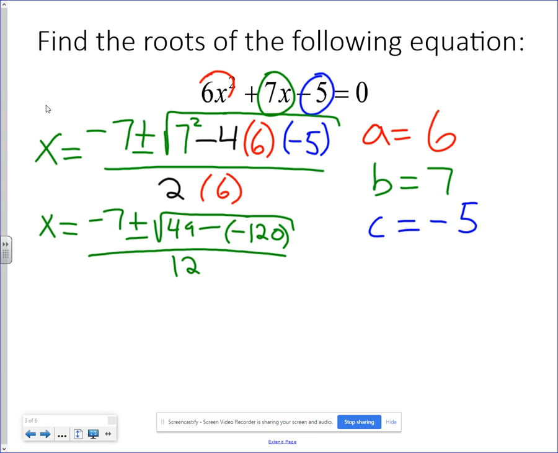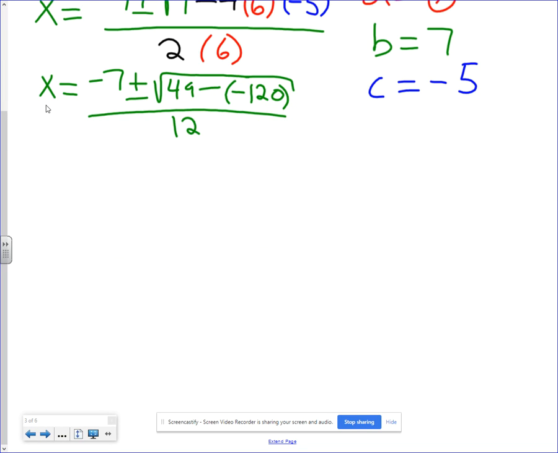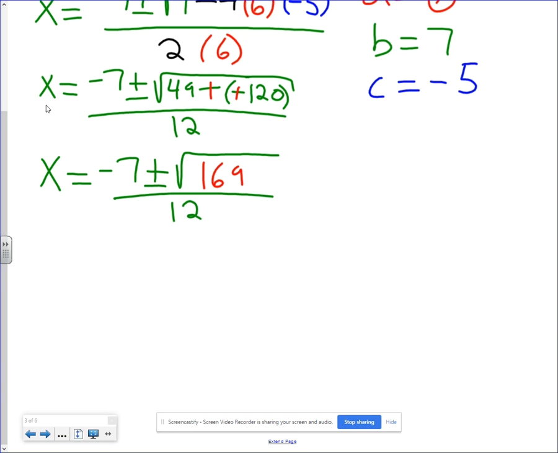So it's a little cleaned up now. Let's go ahead and figure out what the value under the square root is. We still can't do anything with this 7, so we still have -7 plus or minus the square root of, when we subtract a negative, we'll add positive, so 49 plus 120, so that will be 169, and then that will all be over 12 still.